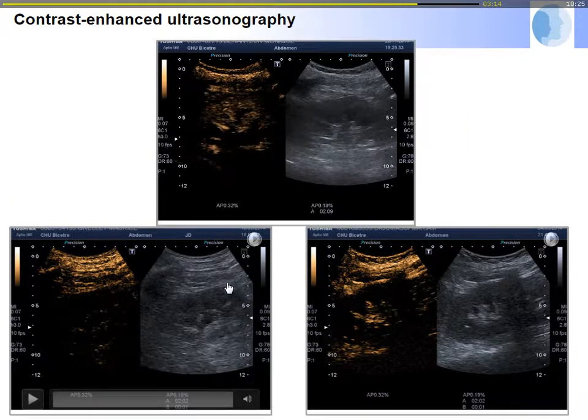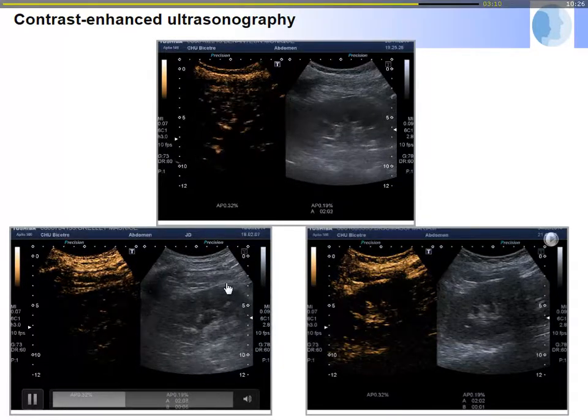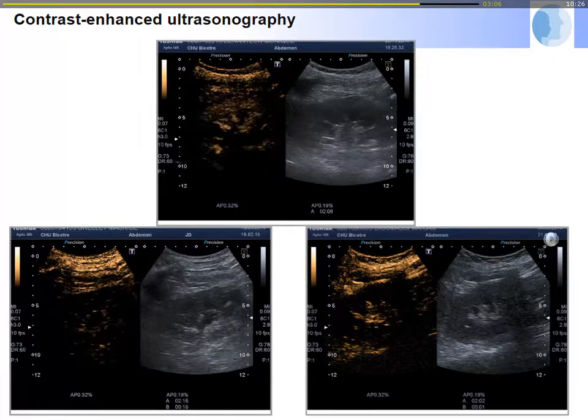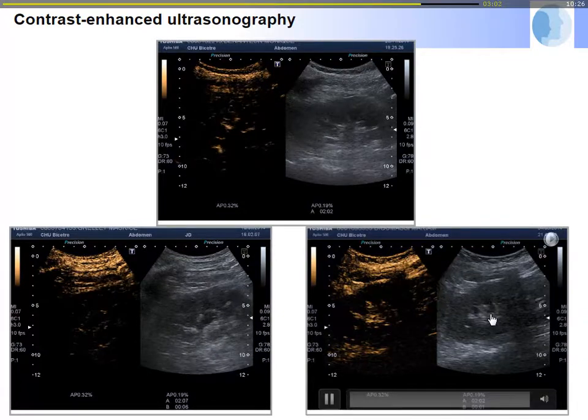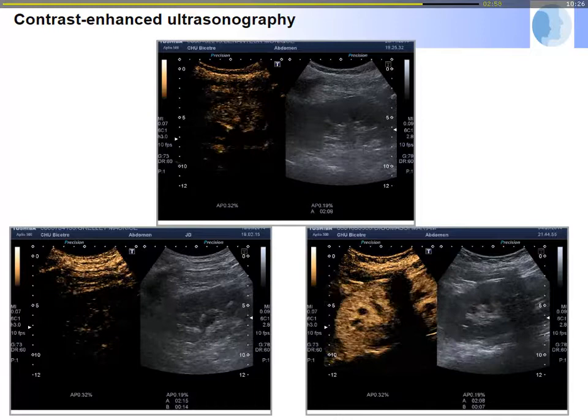But in other patients, we had this kind of picture. Nothing. And this is the first day of admission. And in some patients, we have this, a hyperdynamic flow.